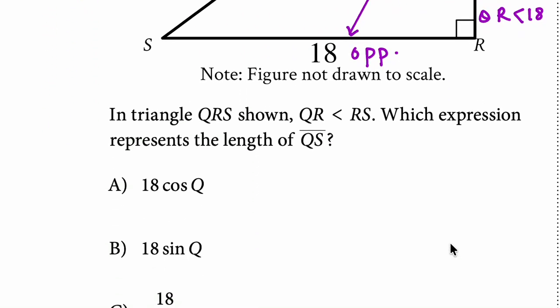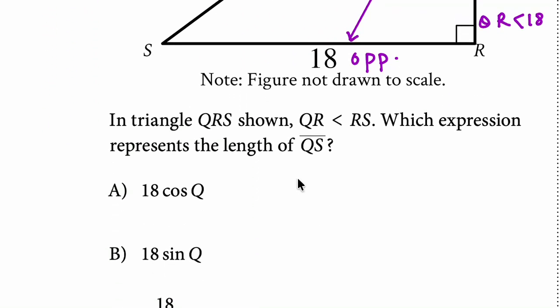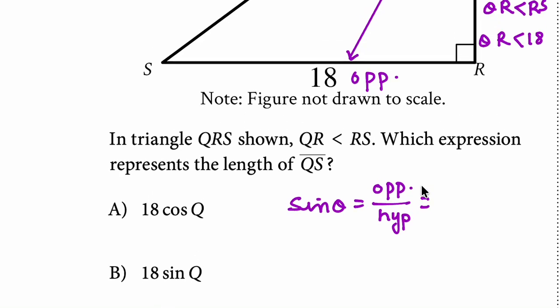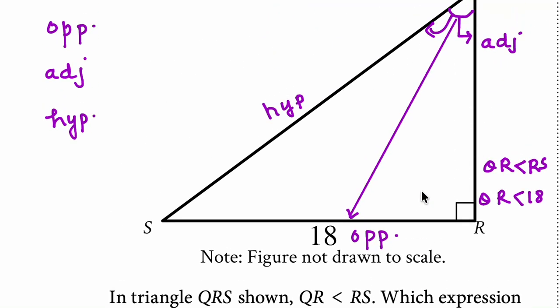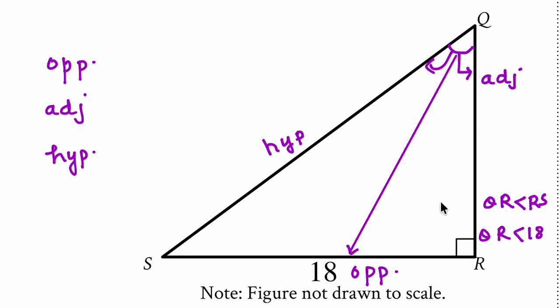Okay. Now because the question says sine Q and cos Q, let's write the values of these. If you do SOHCAHTOA, sine Q is opposite over hypotenuse, right? Now opposite here is RS and hypotenuse is QS.